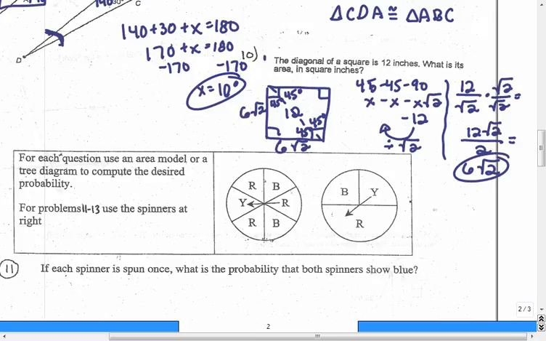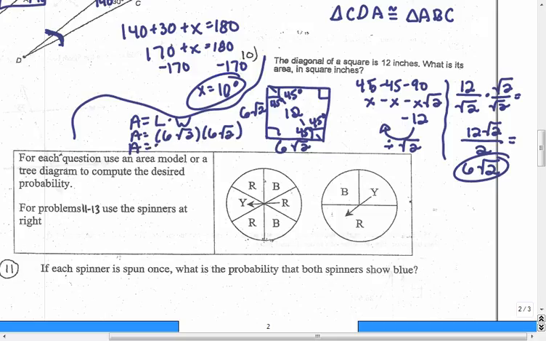So I know that the area of a square is length times width. So my area is going to be 6 radical 2 times 6 radical 2. Well, 6 times 6 is 36. Radical 2 times radical 2 is 2. So it's going to be 72 inches squared.